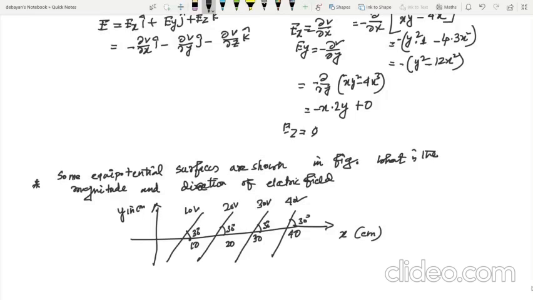So if we draw the perpendicular, what does it mean? It should be like that.